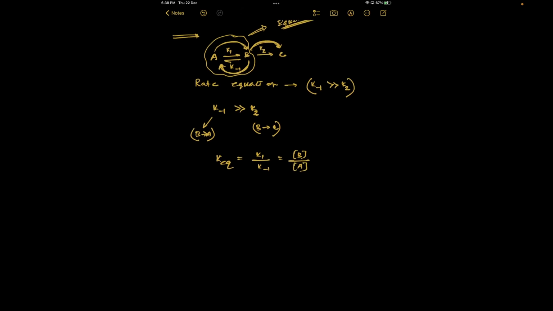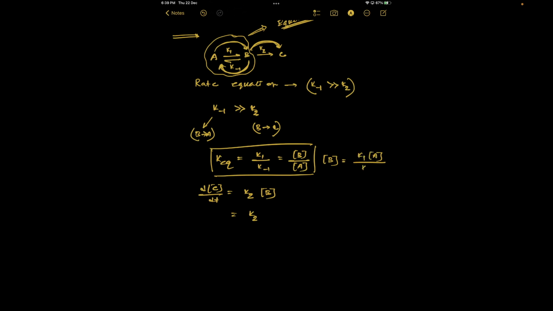Now the rate equation, that means dC/dt, the rate of formation of C with time, will be equal to K2 times the concentration of B, right? Now we can get the concentration of B from this relationship. The concentration of B will be K1 times concentration of A divided by K minus 1.